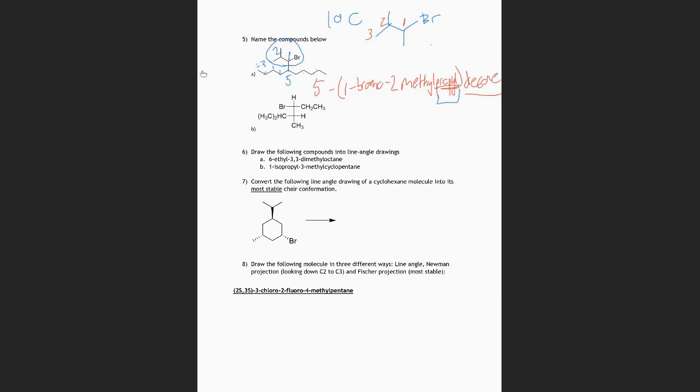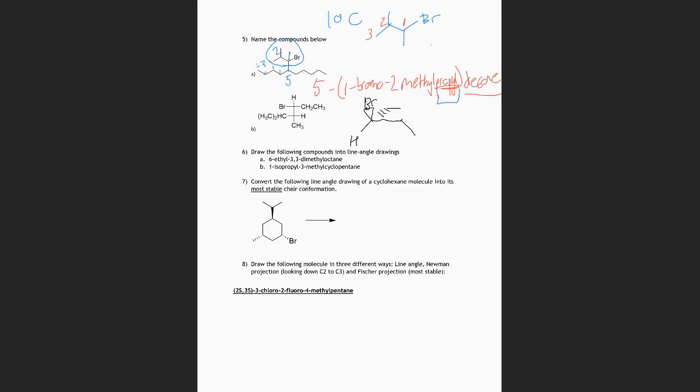Okay, so for the next one, I would say convert first into a line angle. So we have our 2 chiral centers here. We have a hydrogen pointing outward. We have a bromine like so. And we have a CH2, CH3 like this. We have a CH3 this way.